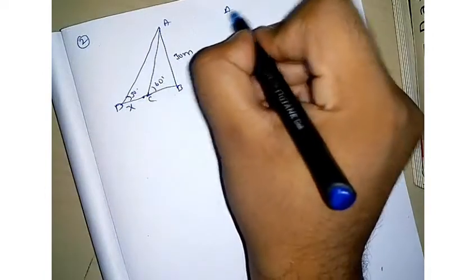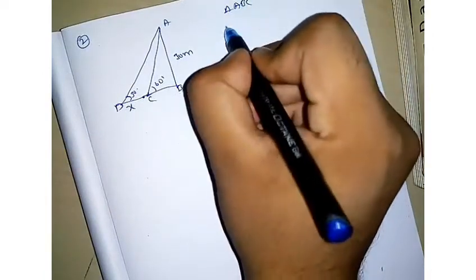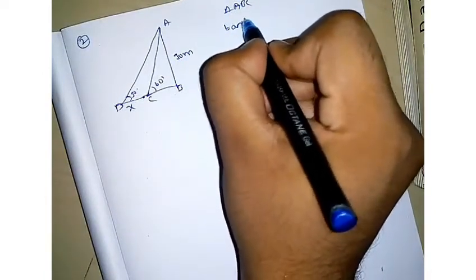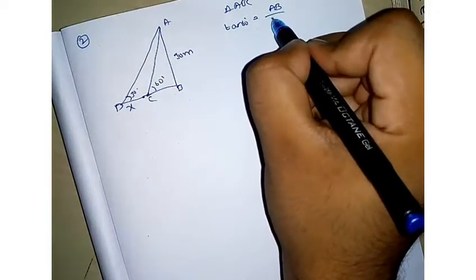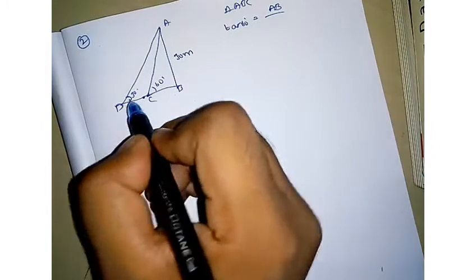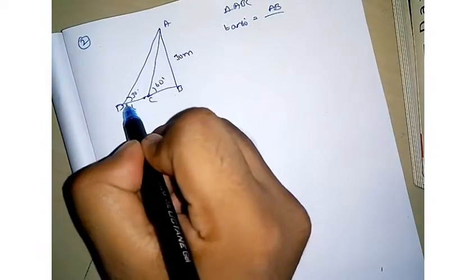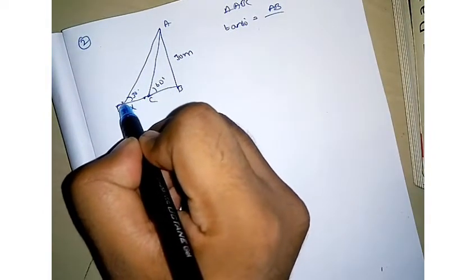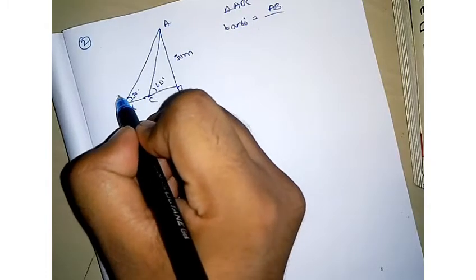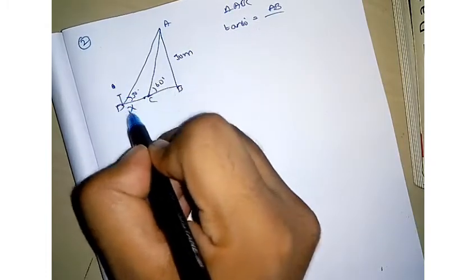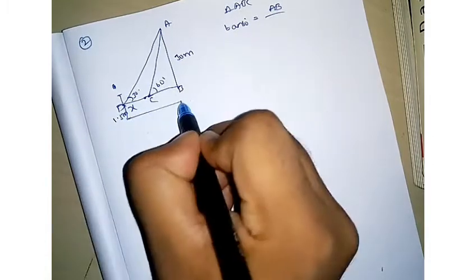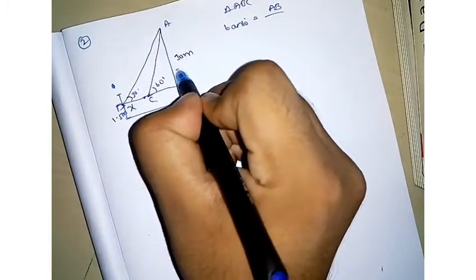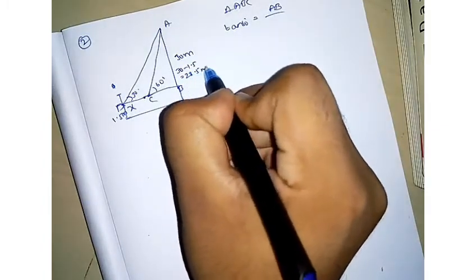Now in triangle ABC, tan 60 degrees is equal to opposite side AB by adjacent side. Given that the height of the boy is 1.5 meters, this length will be 30 minus 1.5 is equal to 28.5 meters.